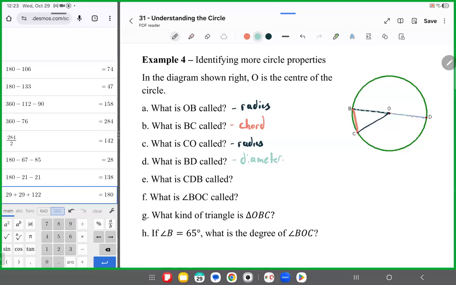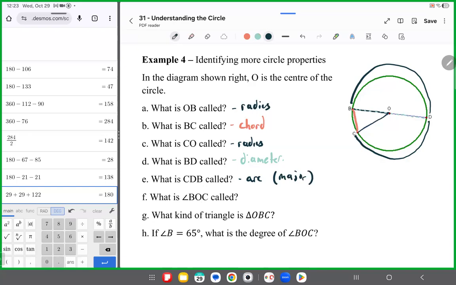What about CDB? So if we go C to D to B, like that, that means we're going all the way around the circle. So that is an arc, but it's worth noting that that's the major arc.